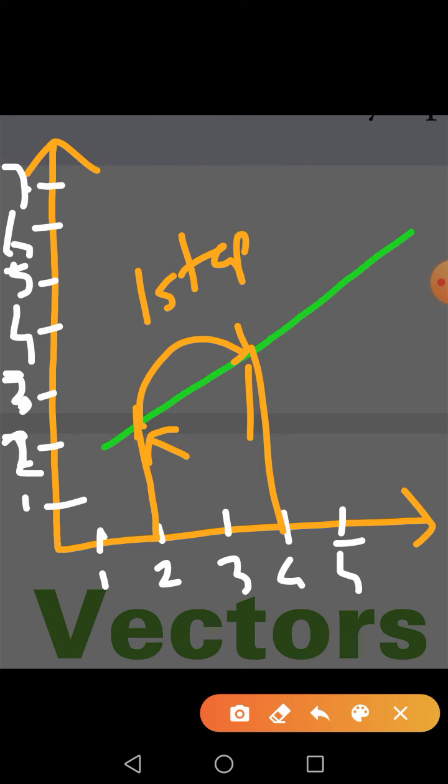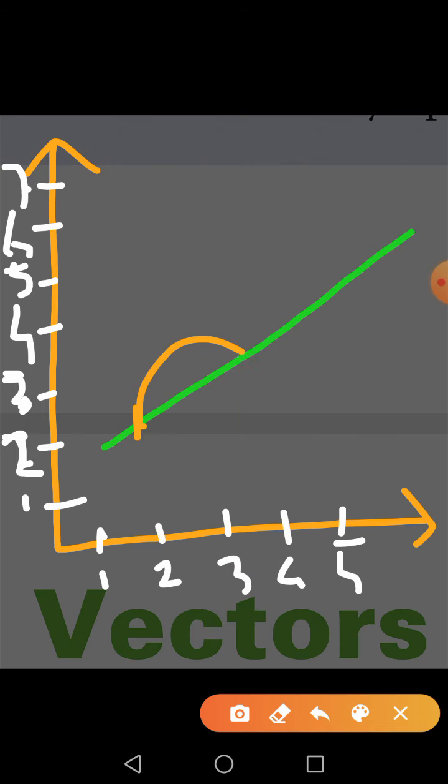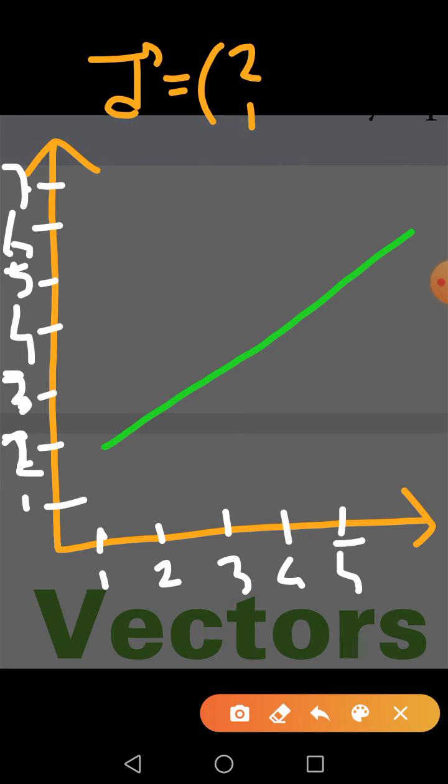So our d in this case is 2, 1. Now we are looking for A. Any coordinate point on the line which you know can be referred to as A. A is the position vector of the known coordinate point.